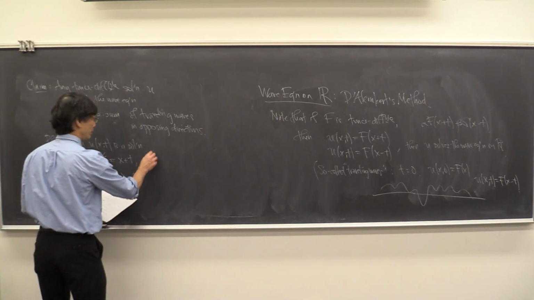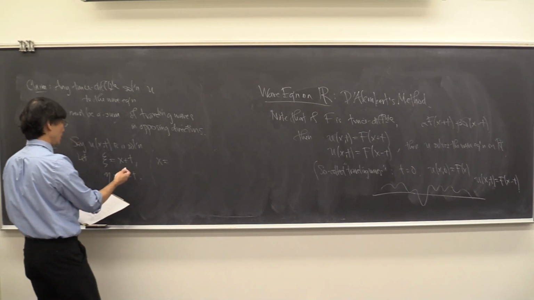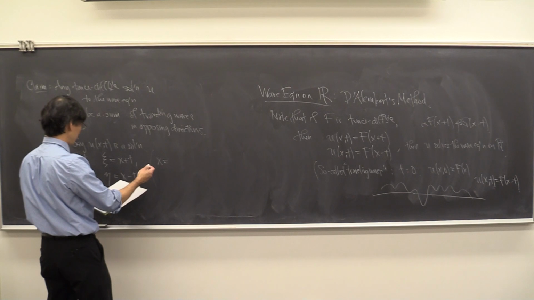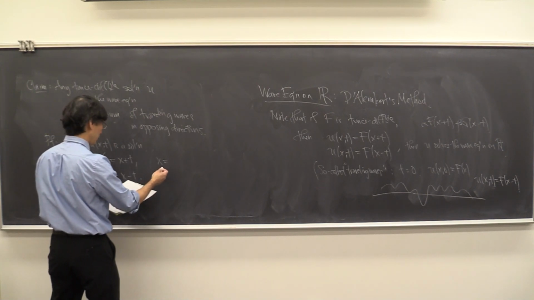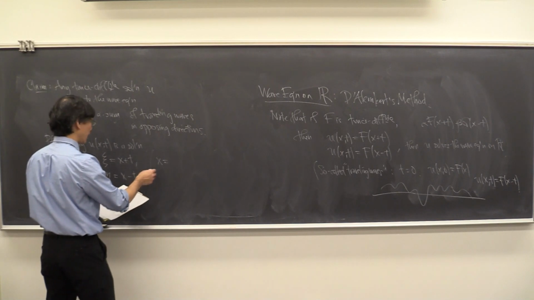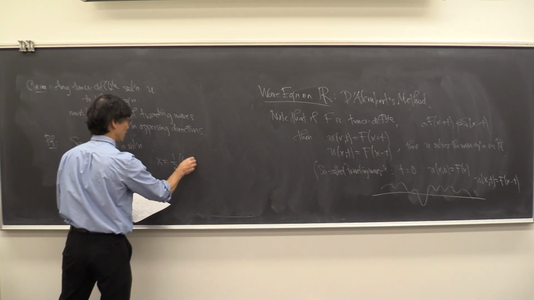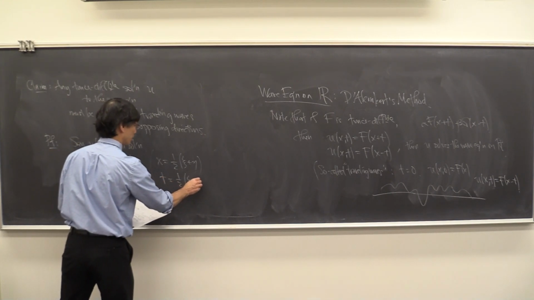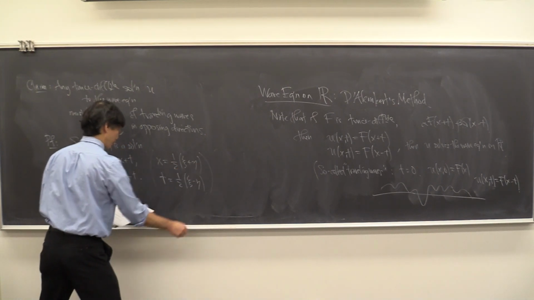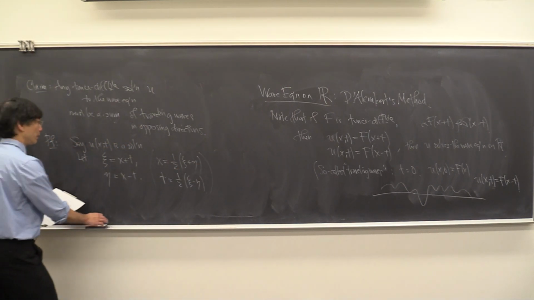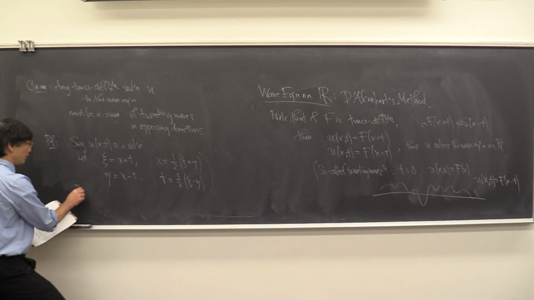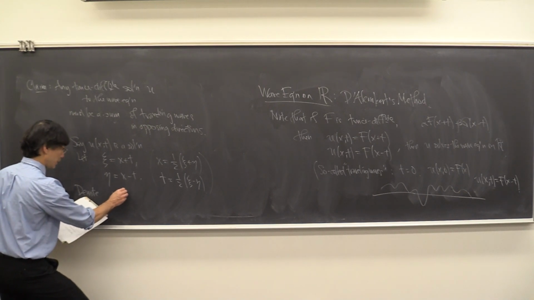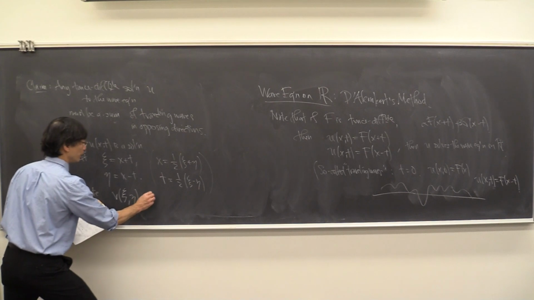So x, of course, is going to be 1/2 (xi plus eta), and then t is going to be 1/2 (xi minus eta). Denote v of xi, eta as u of x, t.